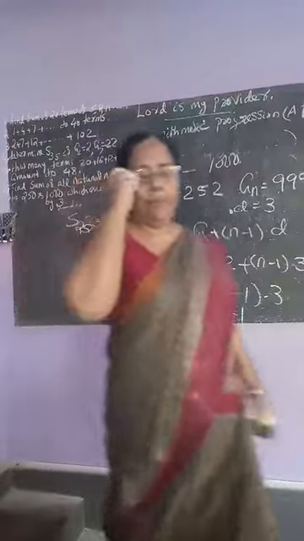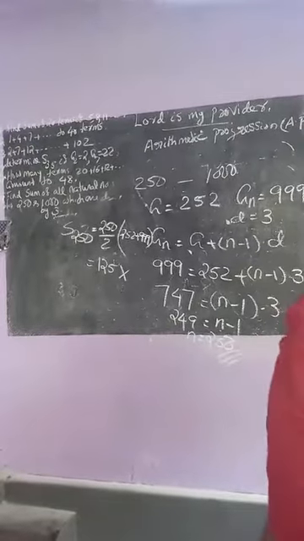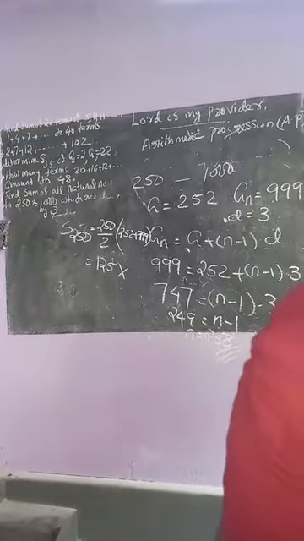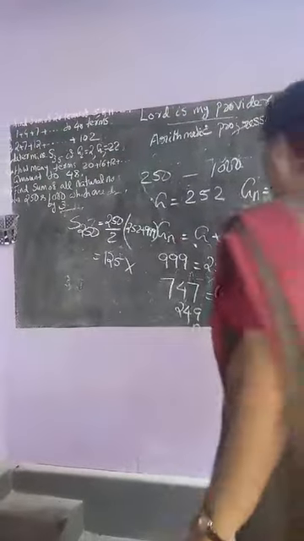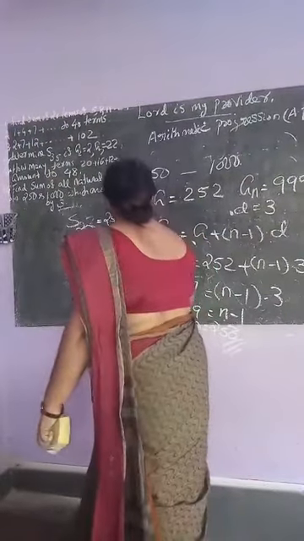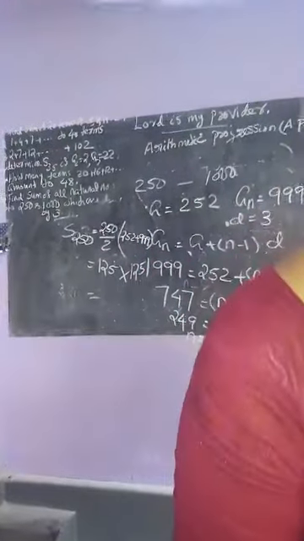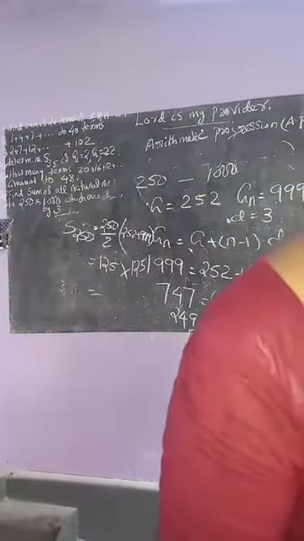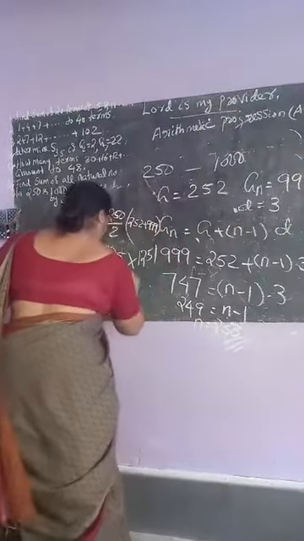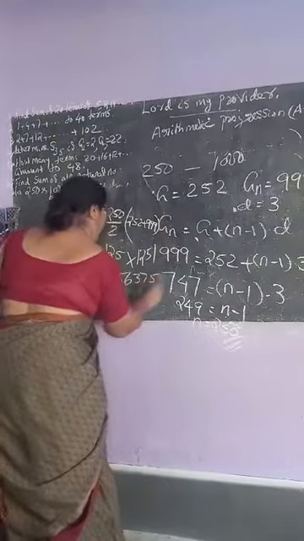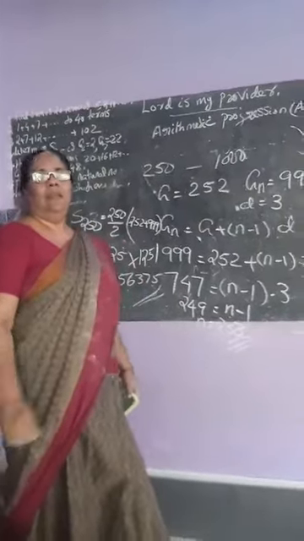What's the answer? 252 plus 999 is 1251. 125 into 1251. Multiply. The final answer is 156375. Understand the method?